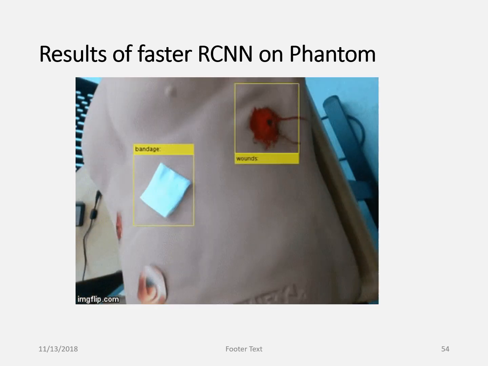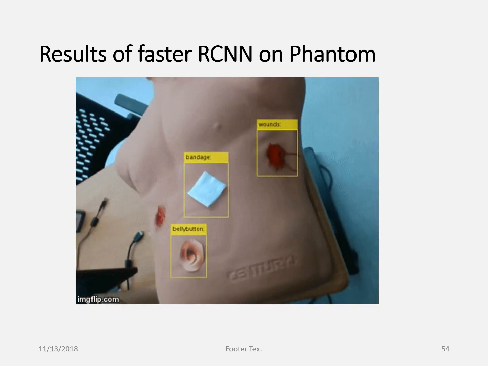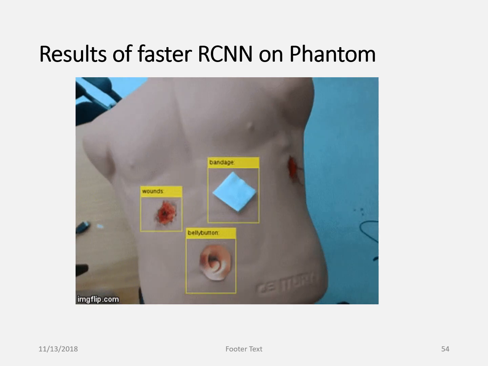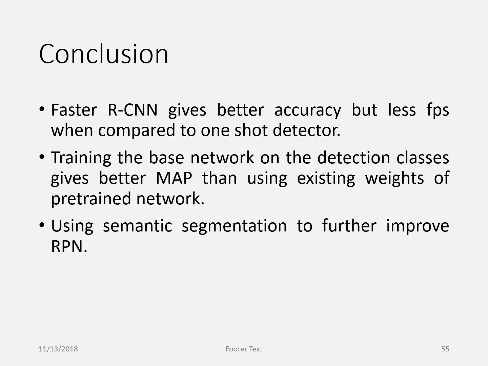Now we will go over some concluding remarks on all the three networks and some of the intuitions which we developed after studying all the three papers. In conclusion, after comparing and experimenting with all three methods, RCNN, Fast RCNN and Faster RCNN, I can say that, of course, Faster is the best.